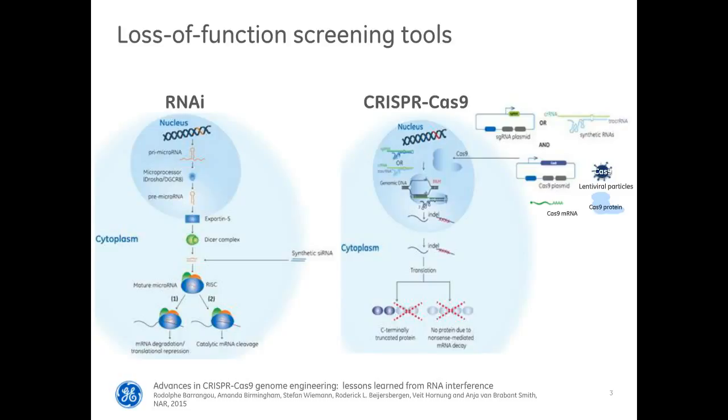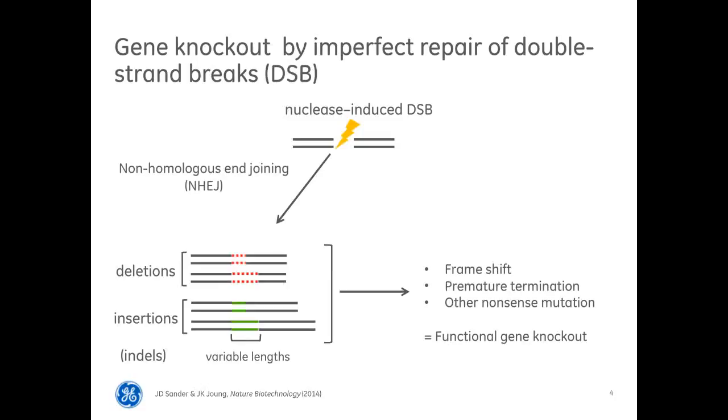Now, as a reminder, CRISPR Cas9 works through a very different pathway and requires not just an RNA, a guide RNA, to specifically target a particular gene, but also requires the introduction or expression of a Cas9 nuclease. And then these two components work together to target and cleave the gene at the DNA level.